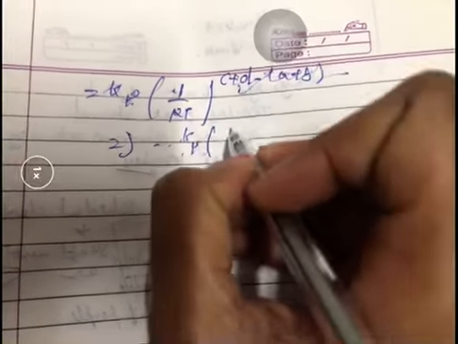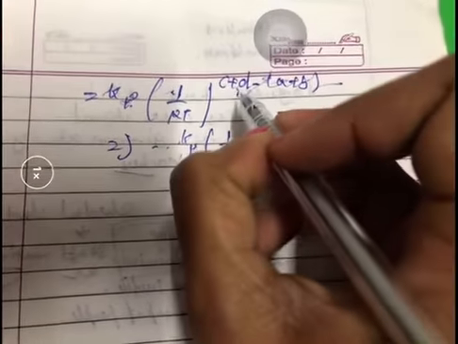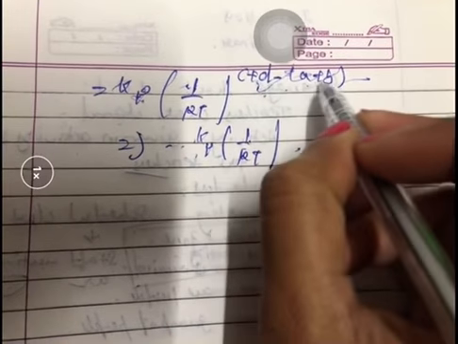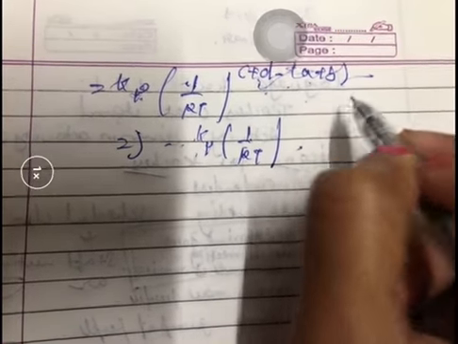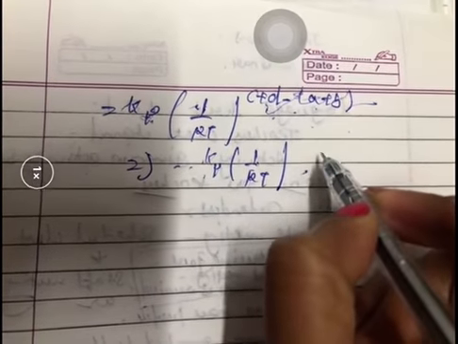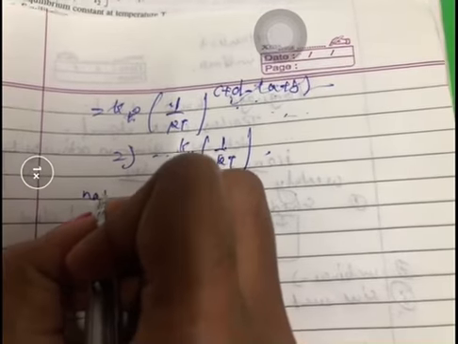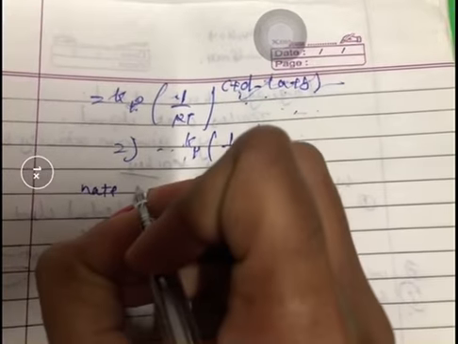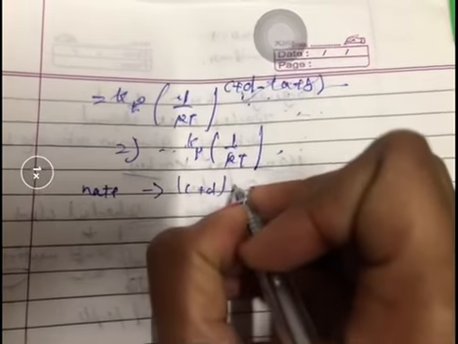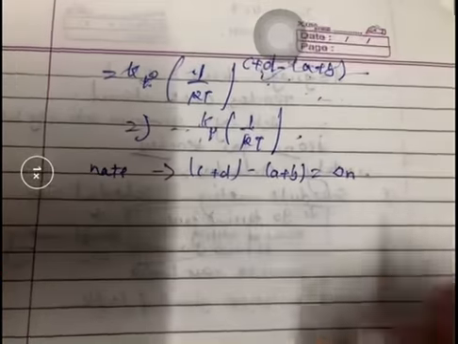So to this I can write Kp into 1 by RT. I can write c plus d minus a plus b as del n, that is the difference between the gaseous products and the reactant moles. Clear? Note that c plus d minus a plus b is equal to del n.